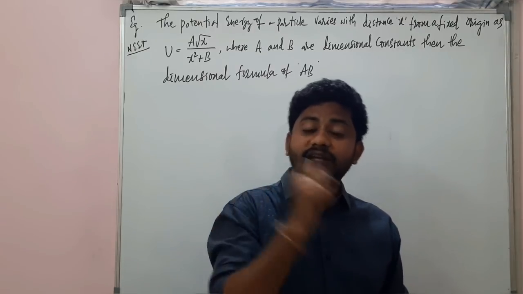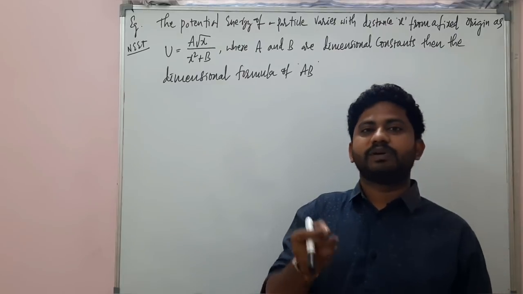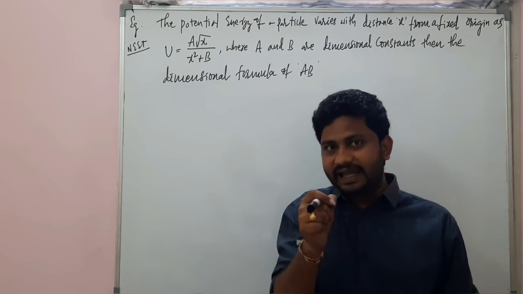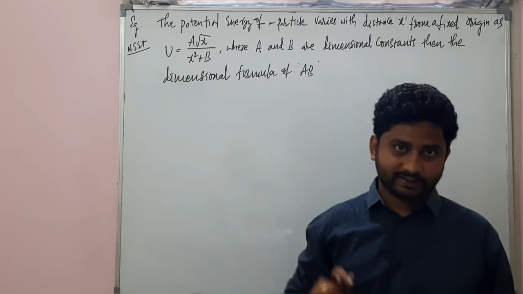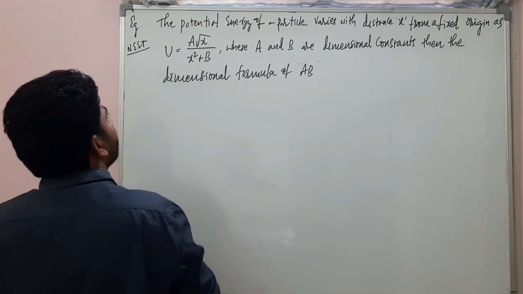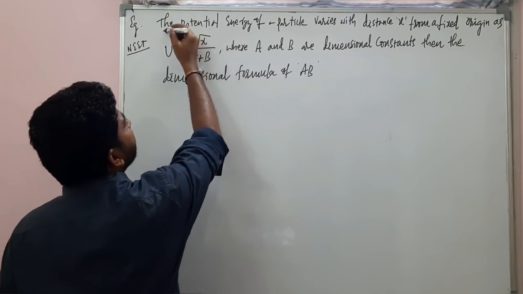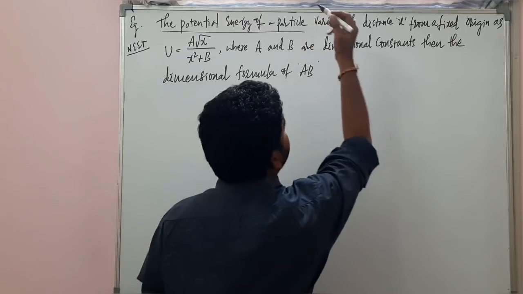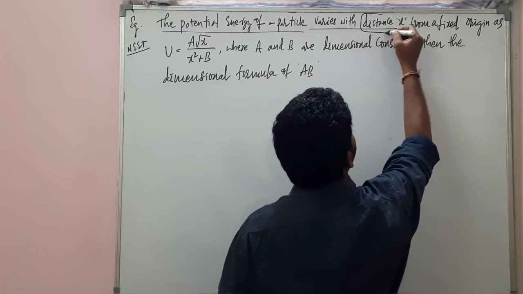This is the frequently asked model for your competitive exams based on dimensional analysis, especially the principle of homogeneity. Let's look at this. The question will be asked in this way. The potential energy of a particle varies with the distance x. So, x is the distance.